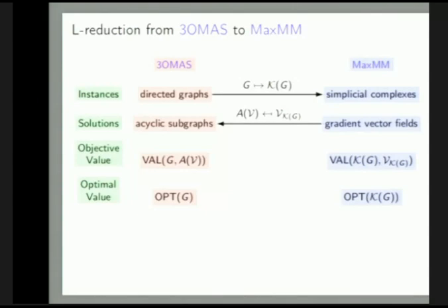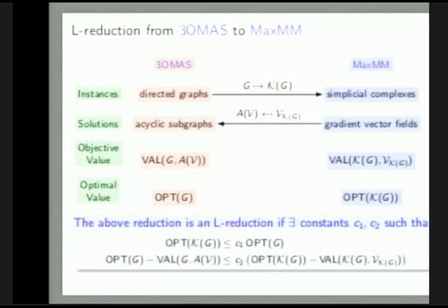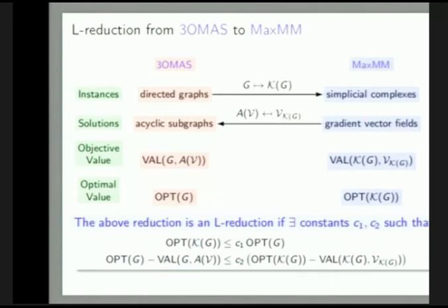I hope you remember, we went from graphs to simplicial complexes, so instances to instances, and we went from solutions to solutions, which were gradient vector fields, and we went to acyclic subgraphs from there. And the above reduction is an L-reduction if and only if there exist constants C1 and C2 which satisfy the following properties.